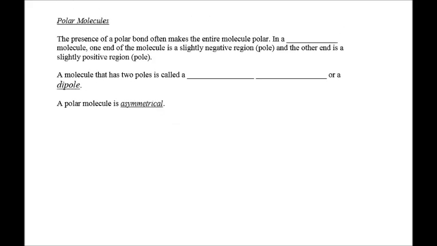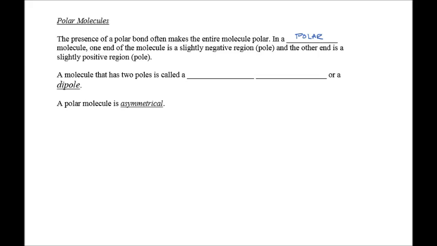But there's another way they use the word polar and nonpolar, and that's in the shape of the molecule, the overall look of the molecule. The presence of a polar bond makes the entire molecule polar. Usually, in a polar molecule, one end is slightly negative, it has a pole, and the other end is slightly positive, it has a pole.